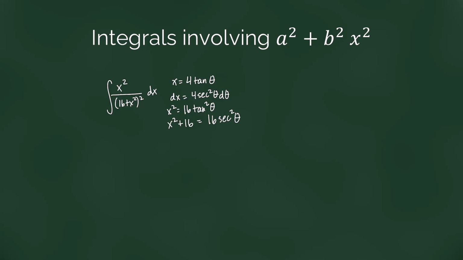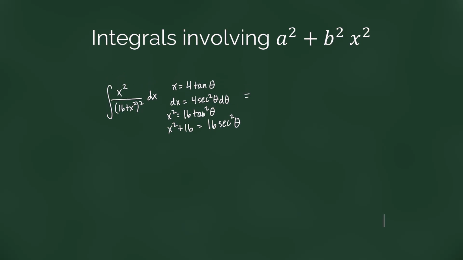Rewriting our integrand, we're going to see that this is equal to the antiderivative of 16 tangent squared theta all over 16 secant squared theta, quantity squared, the entire denominator being squared, and then we have 4 secant squared theta d theta replacing dx.